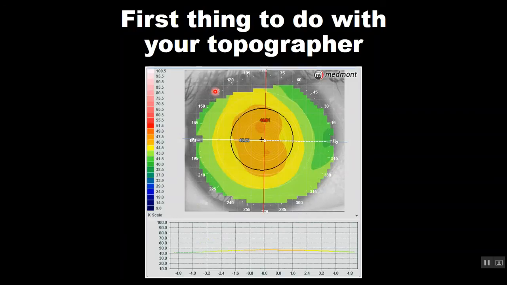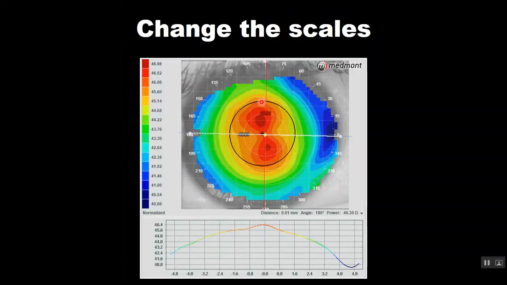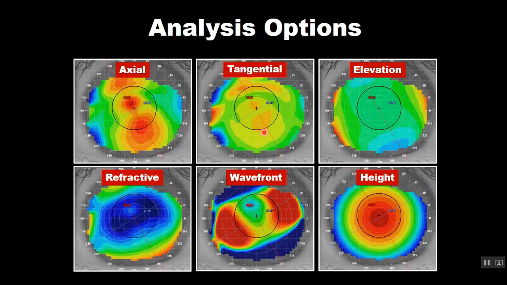The benefit of the absolute scale is if the eye pops up all red, you know it's abnormally steep. If the eye pops up all blue, you know it's abnormally flat. But it doesn't give you much definition, and that's why the normalized scale is best to appreciate. Is it an apical astigmatism, or is it limbus to limbus, as an example?